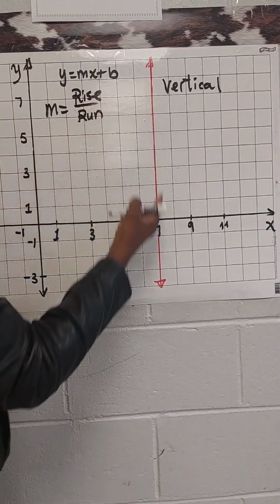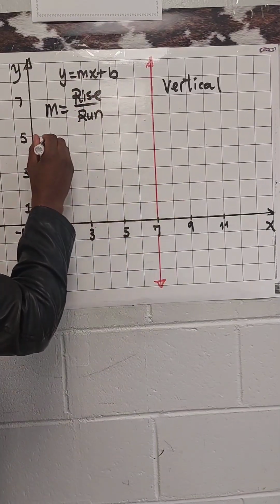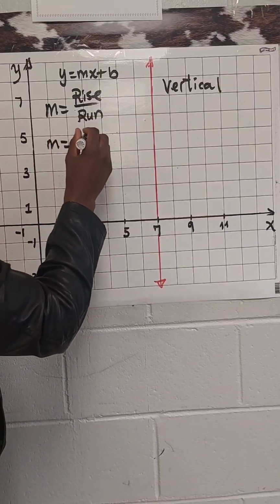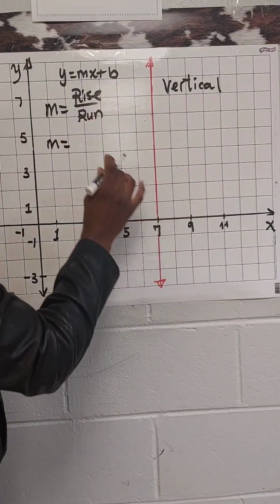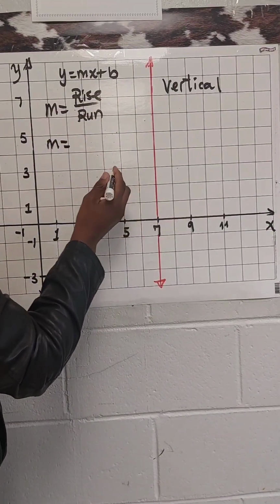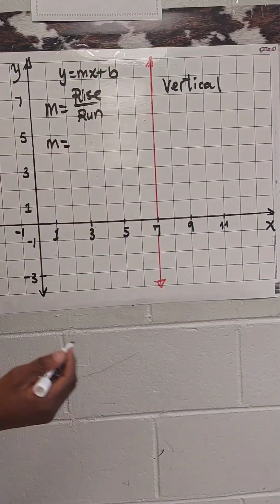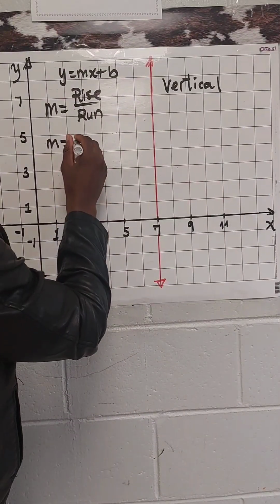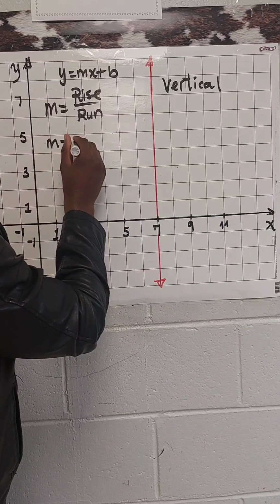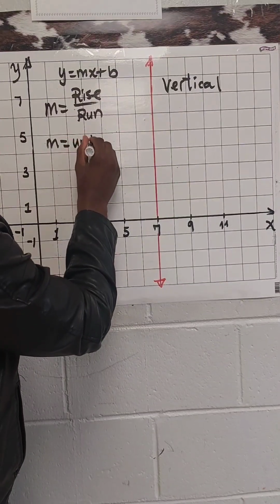Now this line is vertical, it has a run of 0. So the slope is a rise of a lot divided by 0. In math, division by 0 is not possible, so we say the slope is undefined.